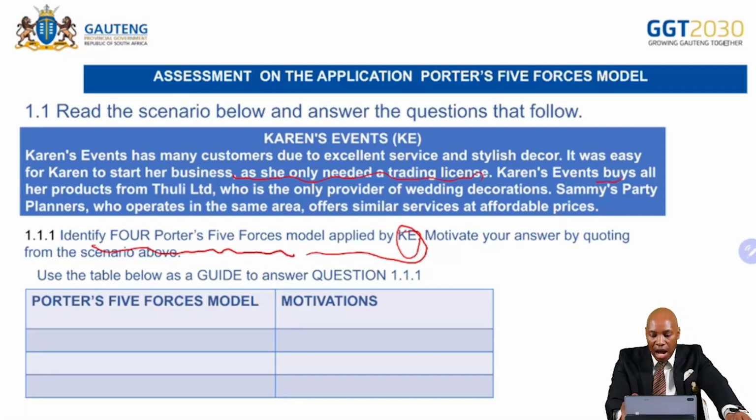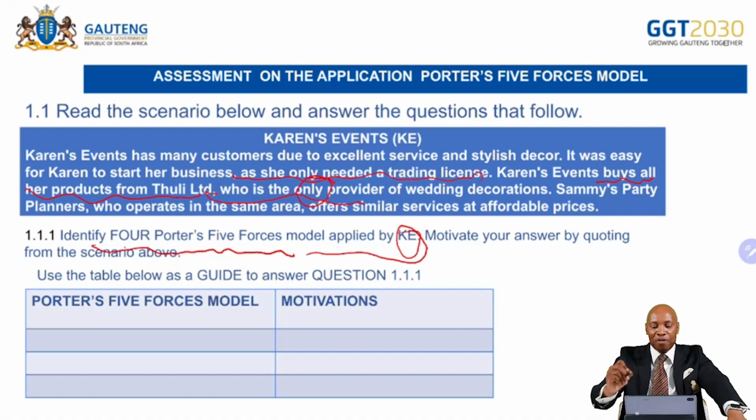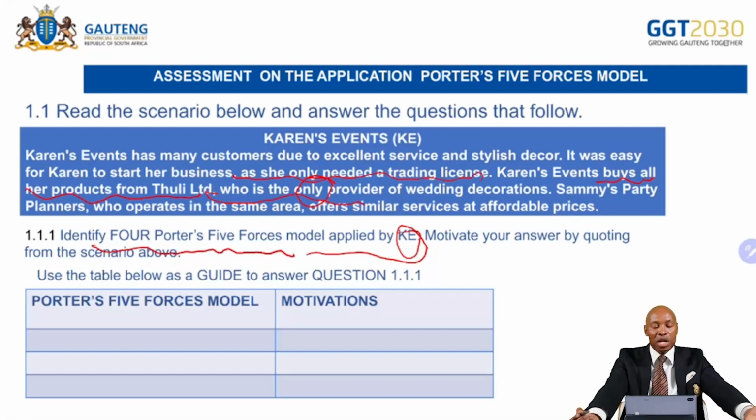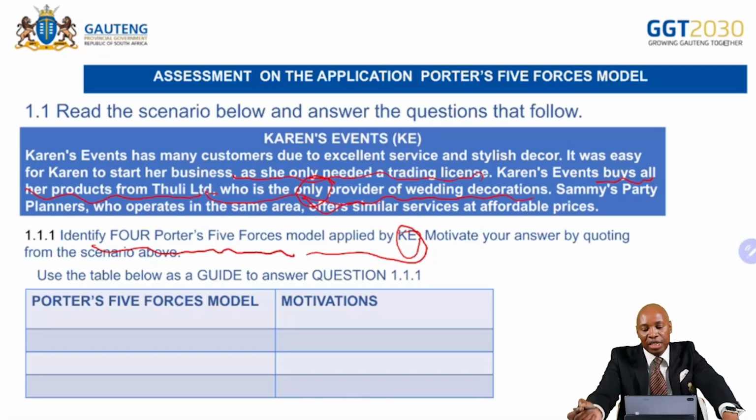Current Events buys all her products from Thuli Ltd. Then Thuli, in this case, is the supplier, who is the only, I like the word only, provider for wedding decoration. Now, in this case, who has the power? Is it the buyer or the supplier? So you tell me. Now it becomes what? The power of the supplier, because Thuli is the only provider of the wedding decoration.